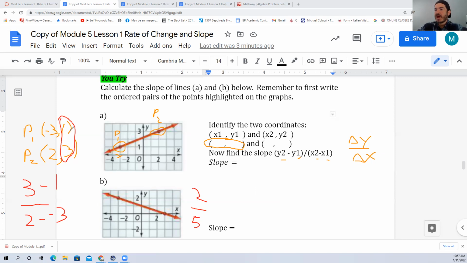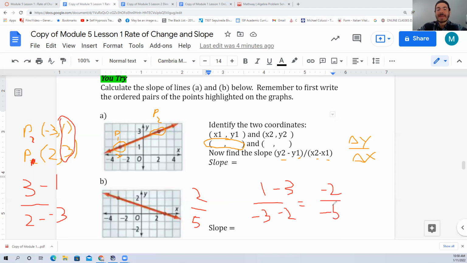So if I were to have labeled this one 2 and this one 1, I would have 1 minus 3 here, and I would have negative 3 minus 2 here, and that would give me a negative 2 divided by a negative 5.